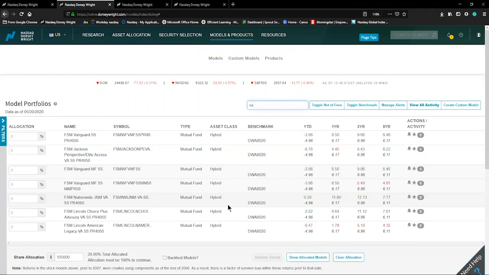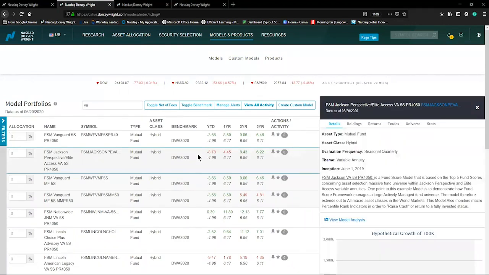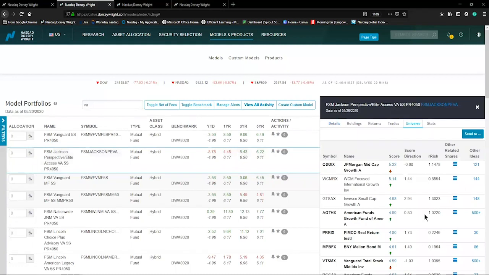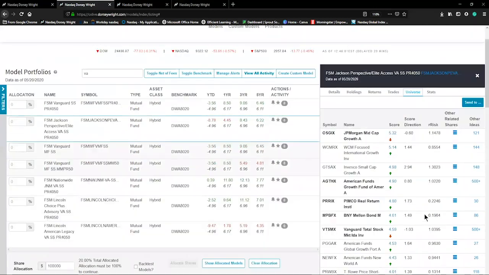And so in doing so, we've expanded the Nationwide concept to the Jackson Perspective Elite Access Variable Annuity, which is using a combined common inventory between those two popular VA chassis and giving you the ability to have a coherent management strategy for those sub-accounts. So, with regard to those lineups, they're going to be very, very similar to what we looked at with the equity dominant theme, right?